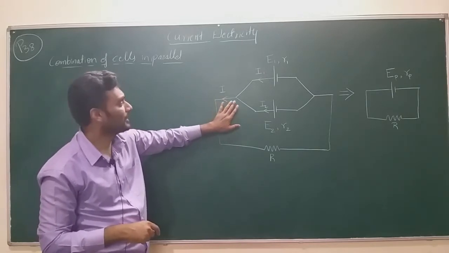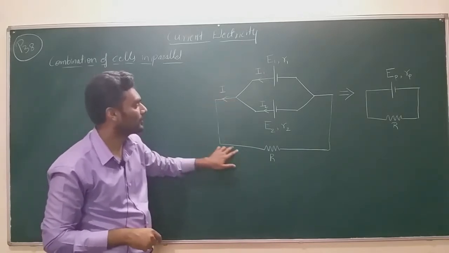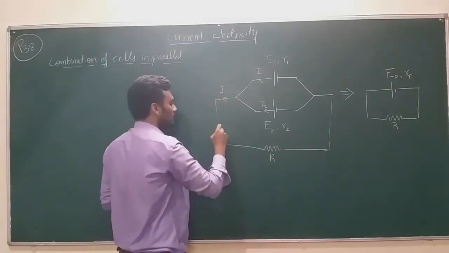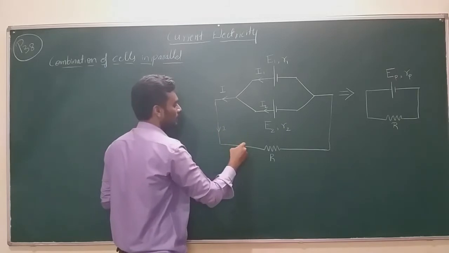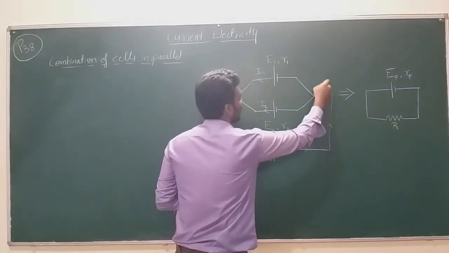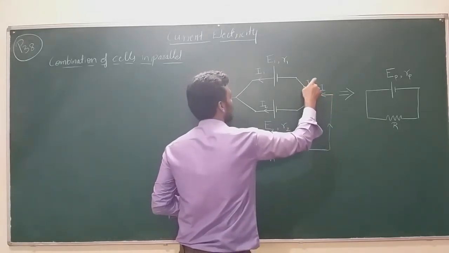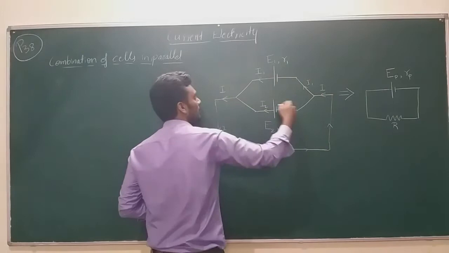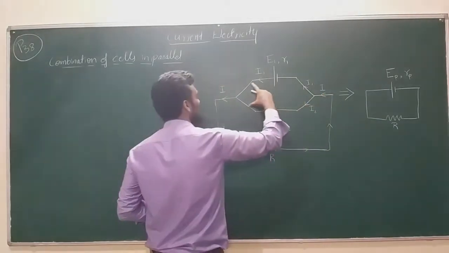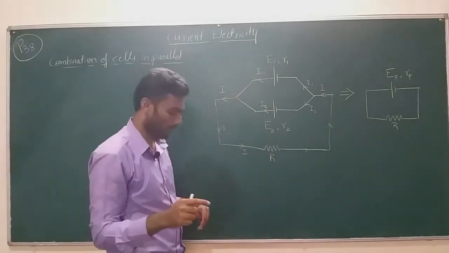But for now, take the net current through this part of the circuit to be I. Here the current is I, here also I, and again the current splits into I1 and I2, they join, and it is I again.